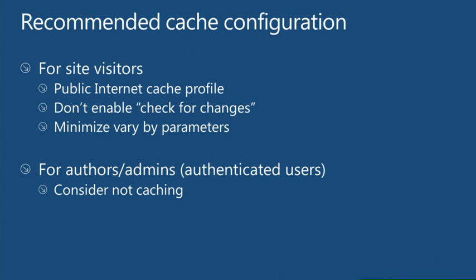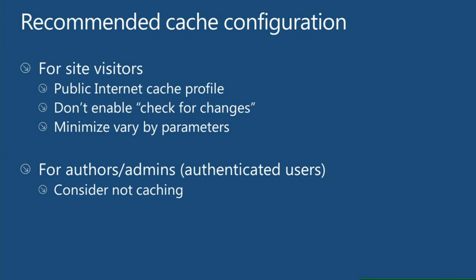Having all that control and flexibility is great, but generally we should be starting with the recommended configuration on this slide. This is our start point. If we need to tweak it later, we can, but this should be the initial start point. So we'll use an out-of-the-box profile that's already configured, called the Public Internet Cache Profile.